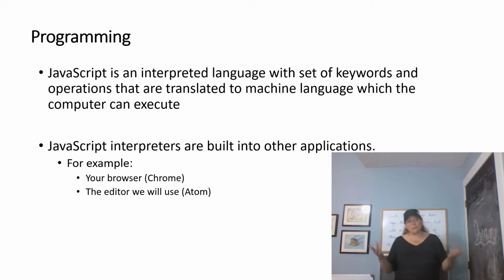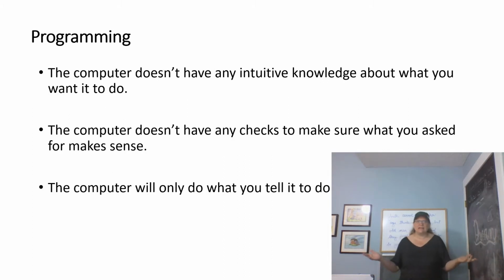For example, your web browser has a JavaScript interpreter, so you can put code that is run by your web browser. We're going to use Chrome for this class. The editor that we're going to use for this class also has a JavaScript interpreter, and that editor we're going to use is Atom.